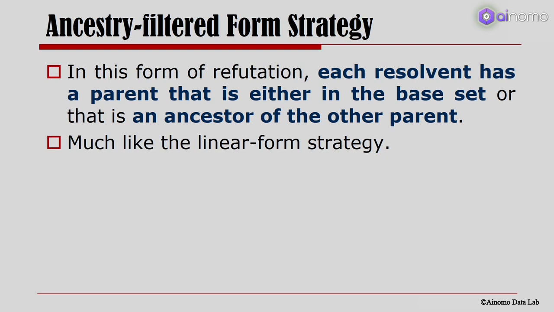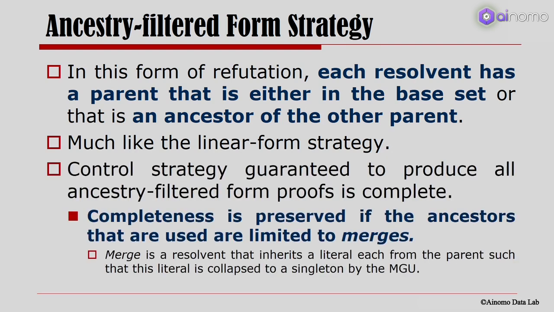So, this is much like the linear form strategy. A control strategy that is guaranteed to produce all ancestry filtered form proofs is complete. So, completeness is preserved in ancestry filtered form strategy if the ancestors that are used are limited to merges.